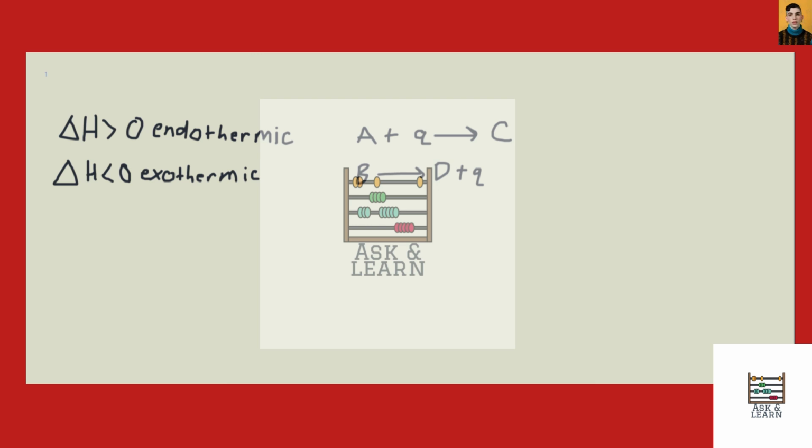So you can guess how temperature is going to affect the equilibrium in terms of Le Chatelier's principle. For endothermic reactions, if you're increasing the temperature, you're adding heat to your system, so that's going to cause your reaction to shift to the right.